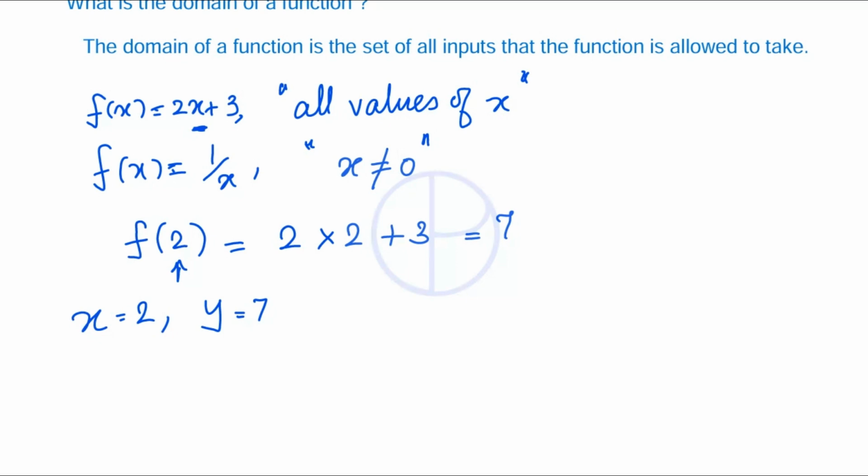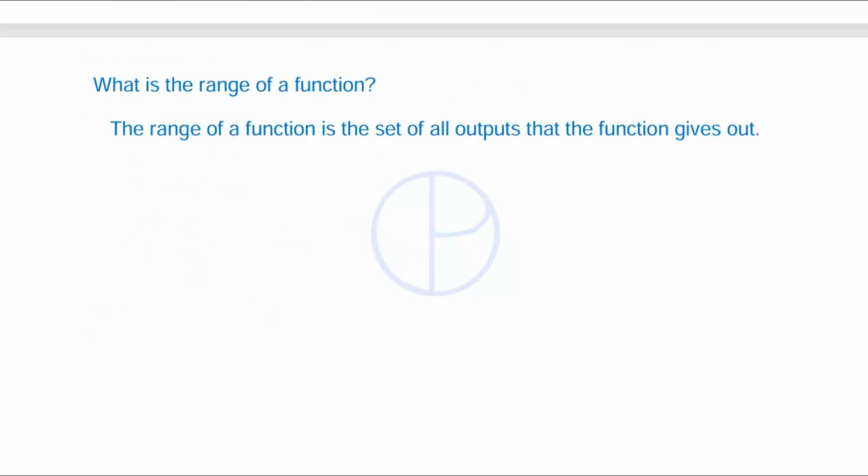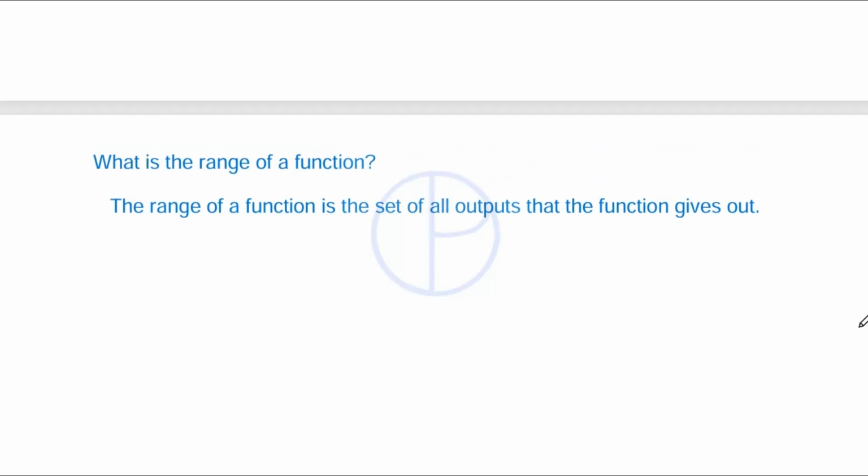Okay. Before that, let's see what the range of a function is. What is the range of a function? The range of a function is the set of all outputs that the function gives out. This refers to f of x and not x. Okay.